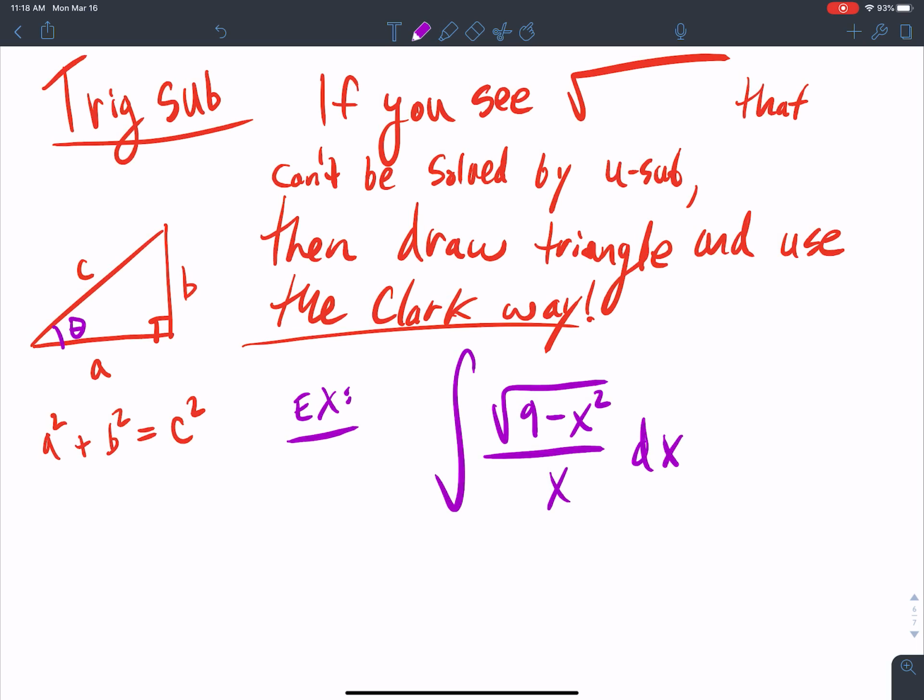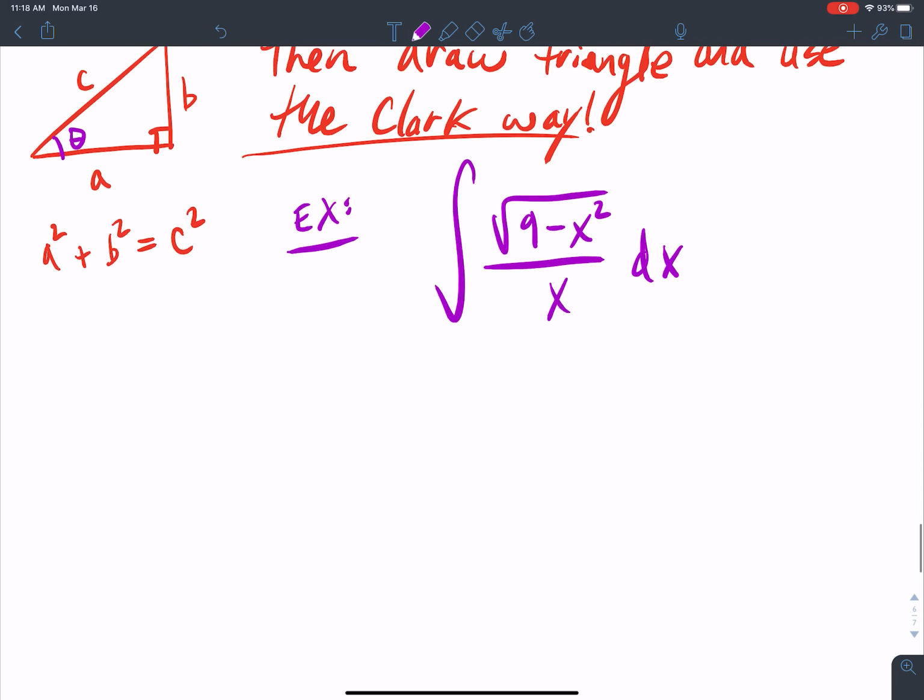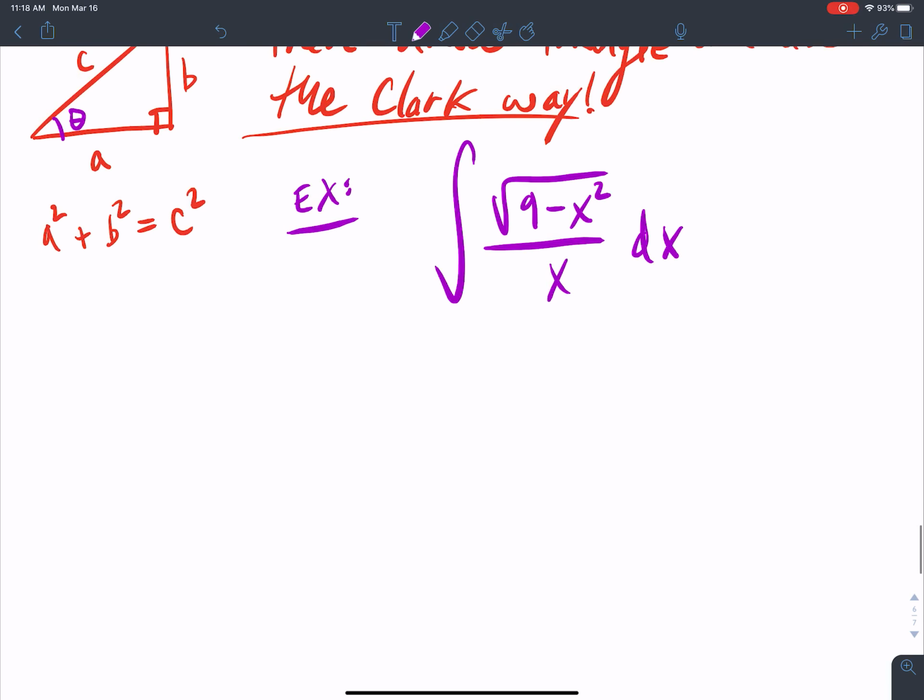I should automatically think there's going to be a triangle I can use to substitute because I see the square root. I'm trying to give you hints on how you can do these problems quicker. So let's draw a triangle.